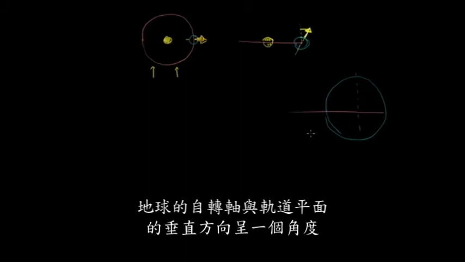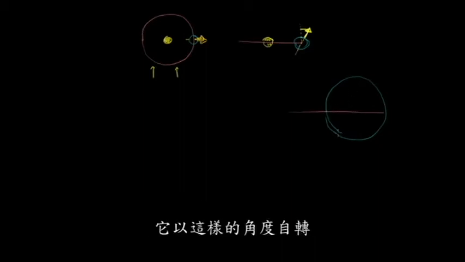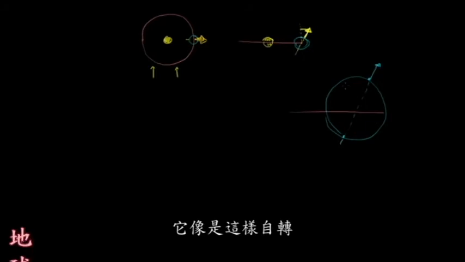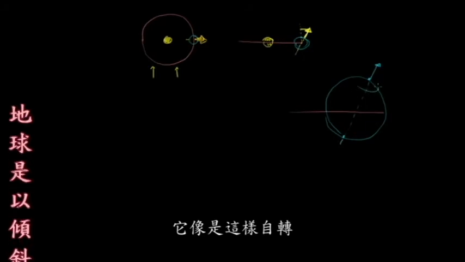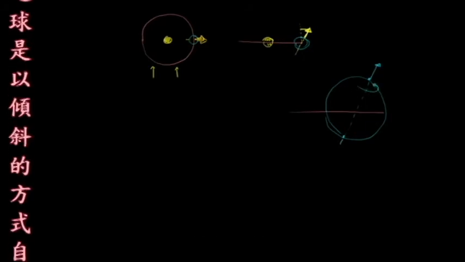But Earth's rotational axis is at an angle relative to the vertical, relative to the plane of its orbit, I guess you could say. It rotates at an angle like this. So this would be the North Pole. That is the South Pole. And so it rotates like this.